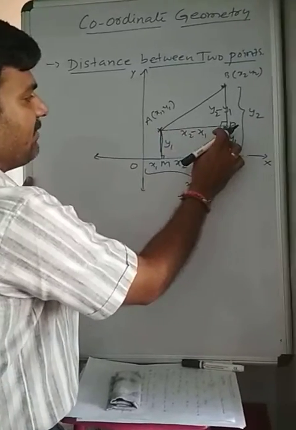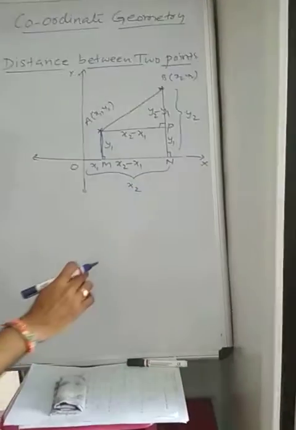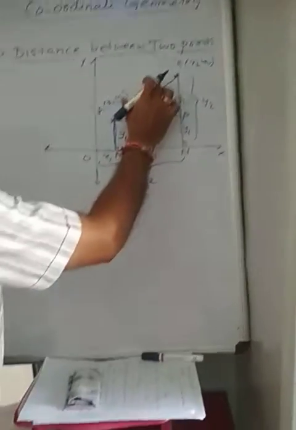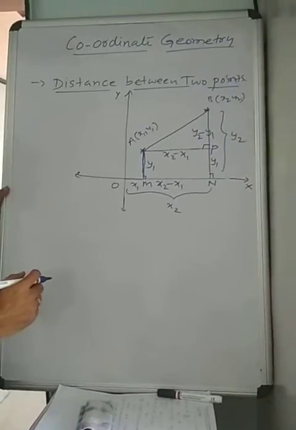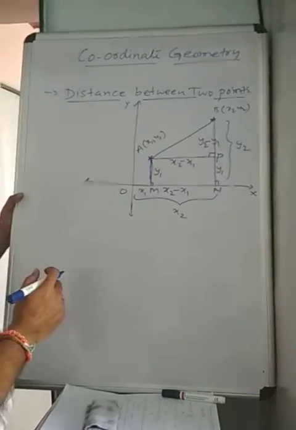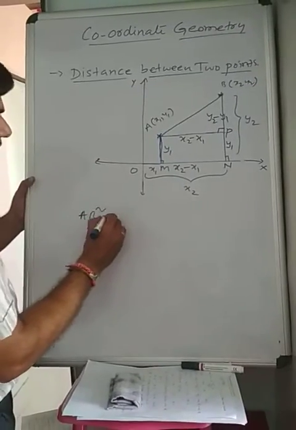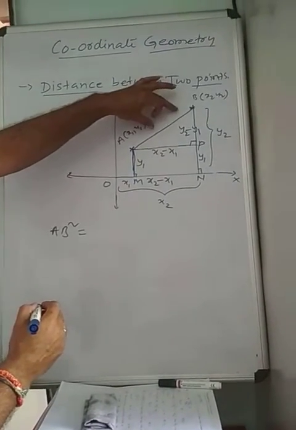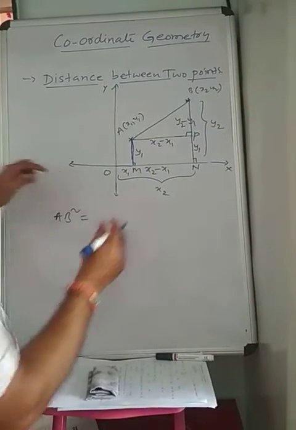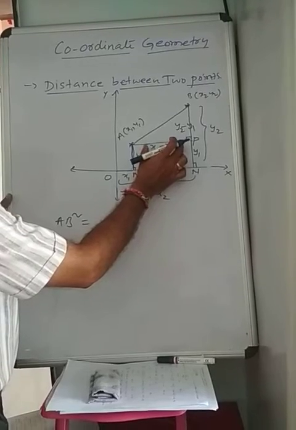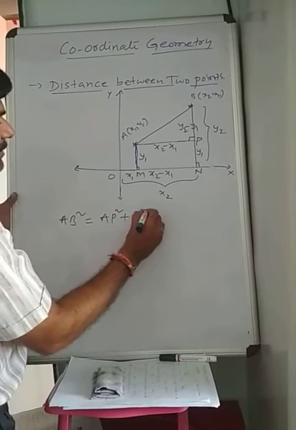Now the AP length is known, that is x2 minus x1, and the BP length is known, that is y2 minus y1. We require the length of AB. It is a right angle triangle, so we have the Pythagoras theorem: hypotenuse square, that is AB square, is equal to AP square plus BP square.